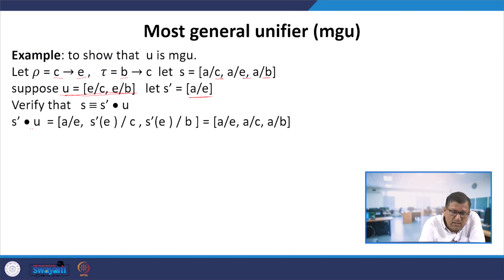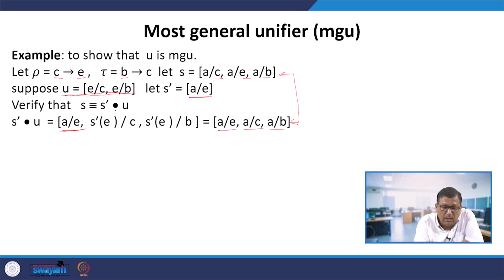So what is S prime u? By the composition rule, S prime is A for E, and we apply S prime onto u. That means S prime of E is A, so this is A, this is A. And now we get A for E, A for C, A for B, which means we have obtained this.